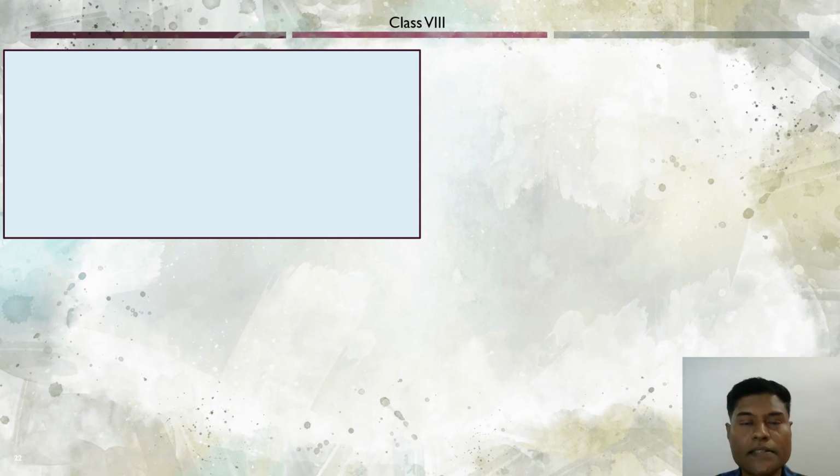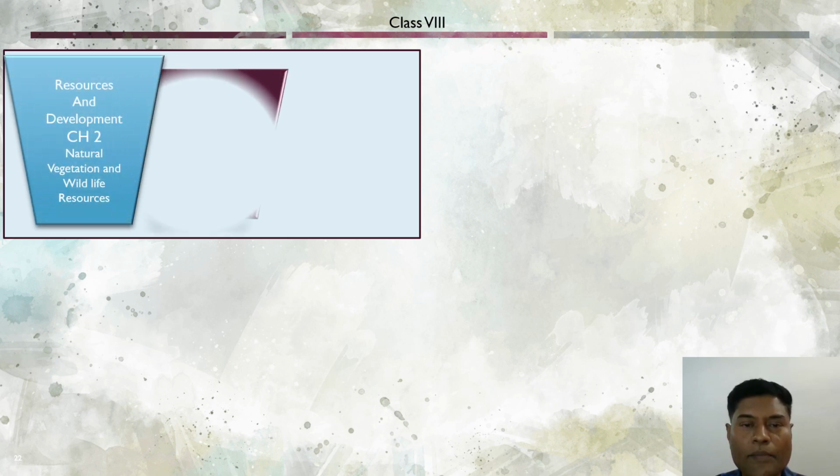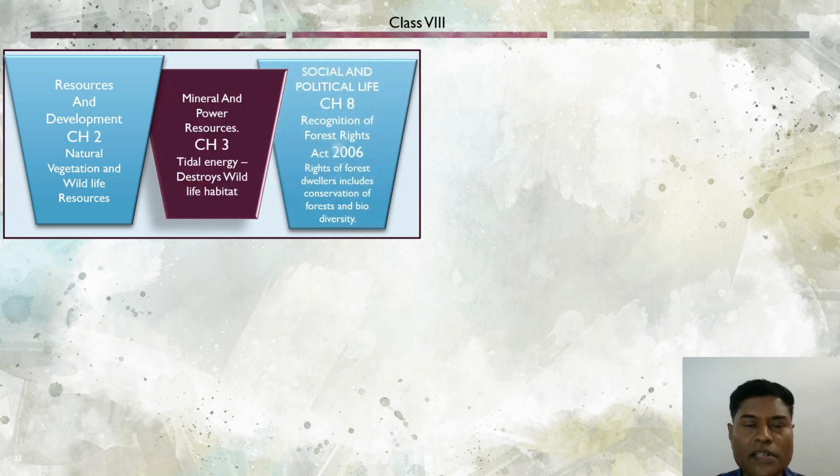We summarize intradisciplinary, interdisciplinary, multidisciplinary, and transdisciplinary by taking this simple example. First, I am taking three chapters in social studies of class 8: chapter 2, chapter 3, chapter 8. All these three chapters have a common learning outcome: vegetation and wildlife resources, tidal energy which destroys wildlife habitat, rights of forest dwellers. This is all connected. So this is intradisciplinary.